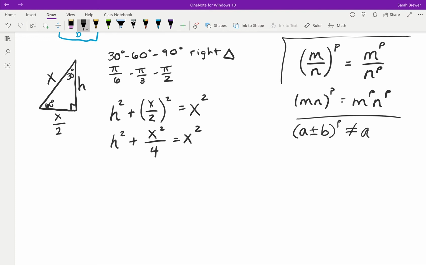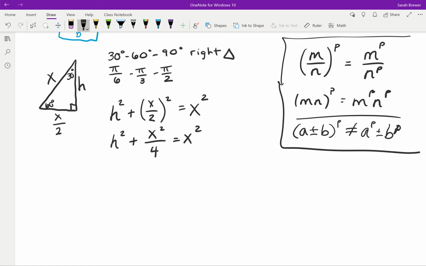That's a really, really big no-no. So it's cool if you're multiplying and dividing, not so cool if you're adding or subtracting. And the reason it works for multiplication and division is because exponentiation is really just repeated multiplication, and division is really just multiplying by a reciprocal. And so you have commutativity and associativity of multiplication, so the order you do things there doesn't matter.